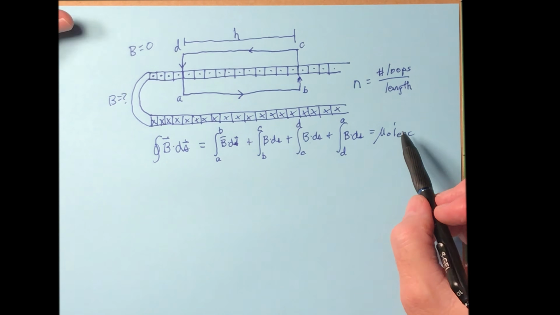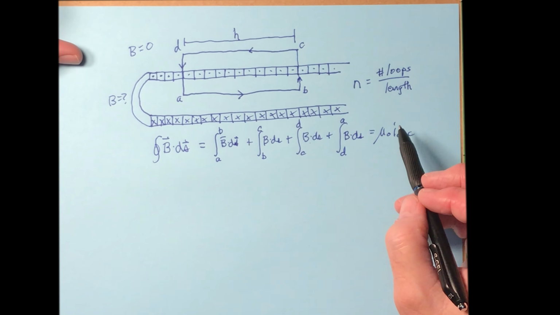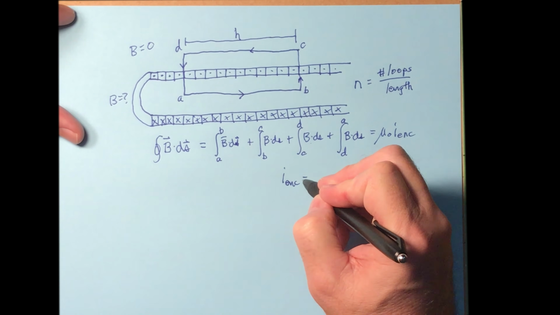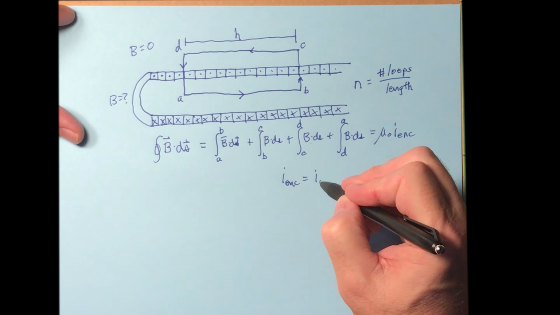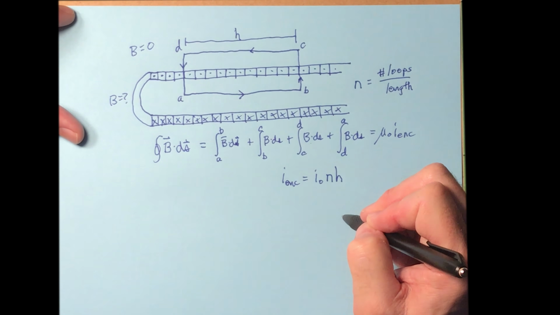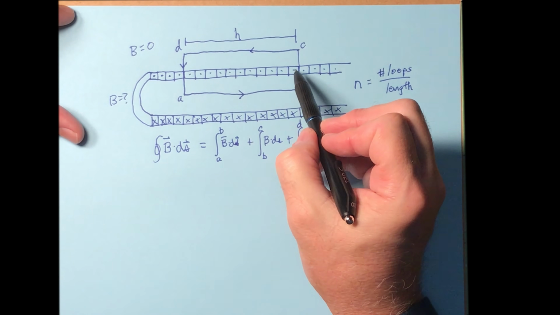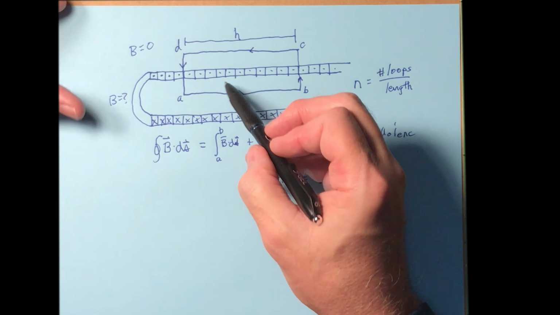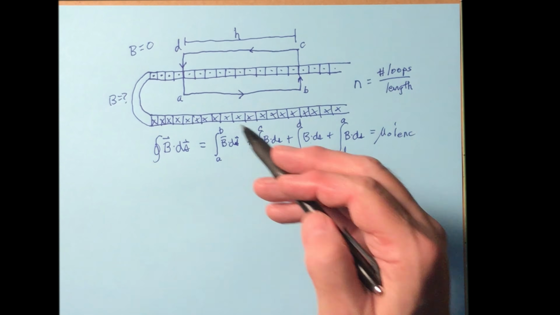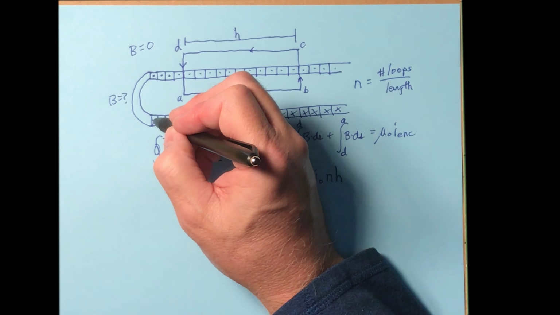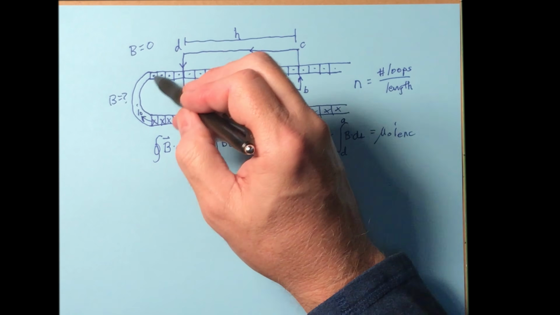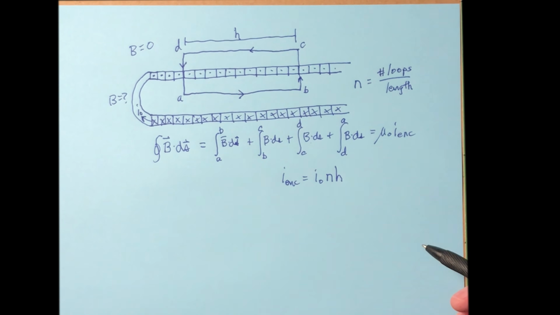At this point, let's look at I enclosed. Now, I enclosed is equal to I naught times n times H. Now, we could just count the number of wires there, but let's say that this is some arbitrary length here. If I naught is the current that happens to be going into 1 here, so I naught is that first current right there, it's going to be the same I naught through every loop then.